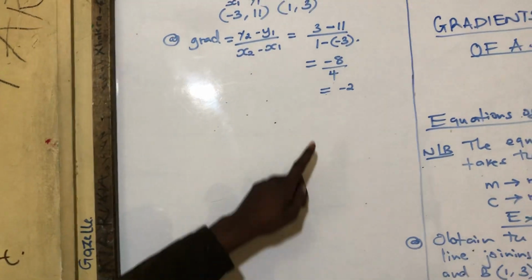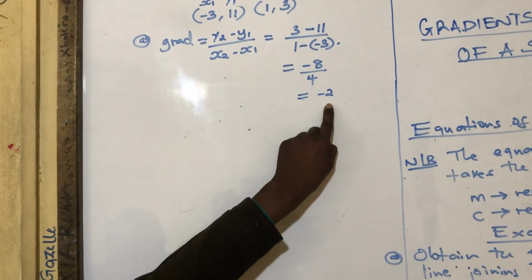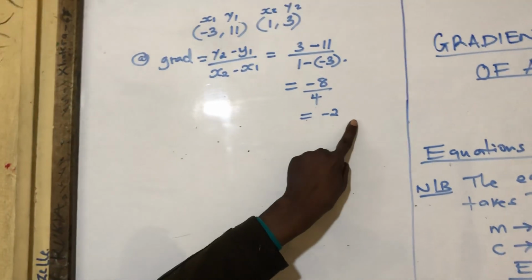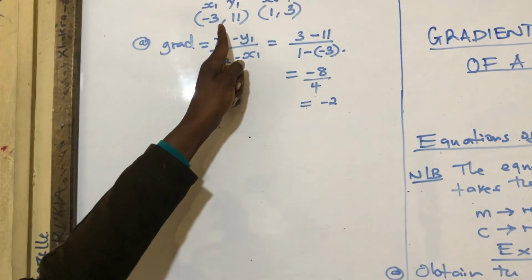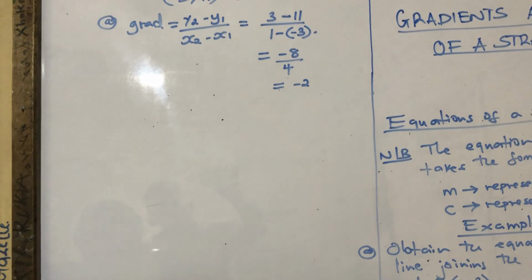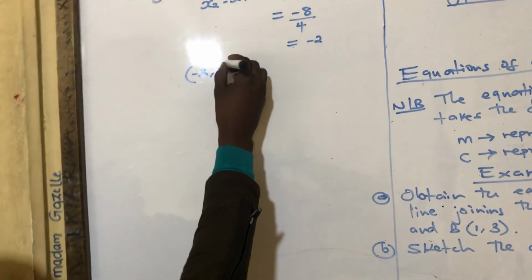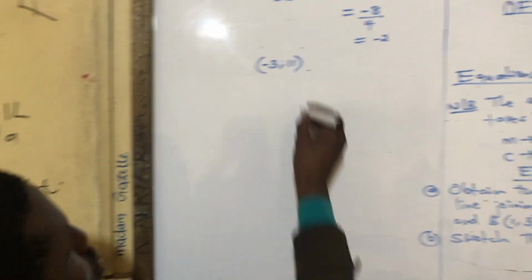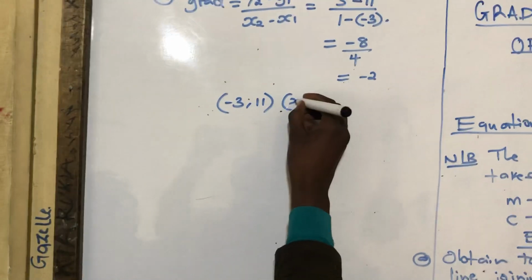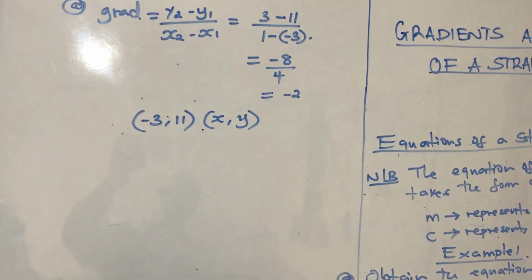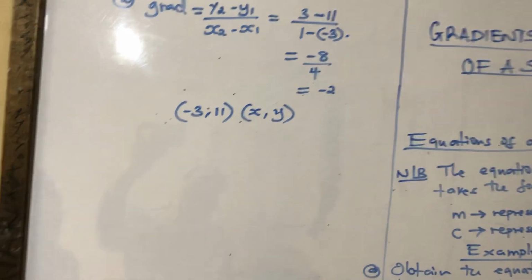In order to obtain the equation of this line, a student will be required to pick any of these two coordinates. I will go for the point (-3, 11). This will be accompanied by a pair of variables x, y.